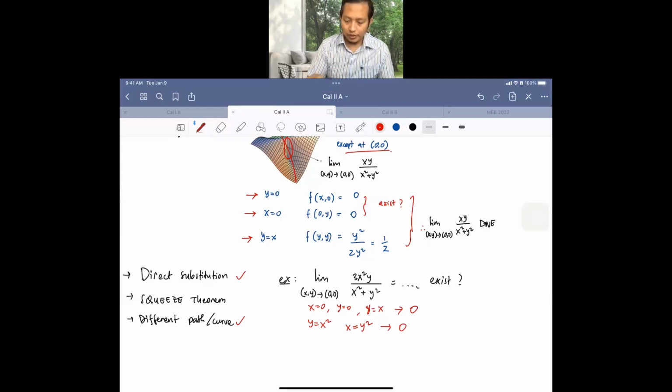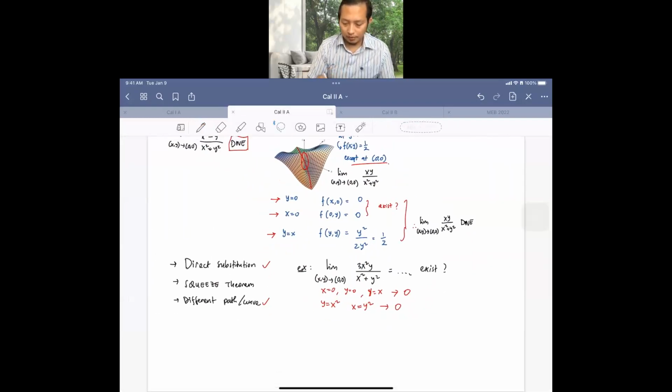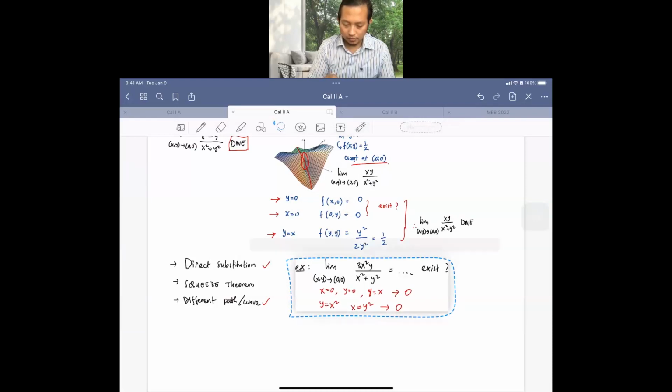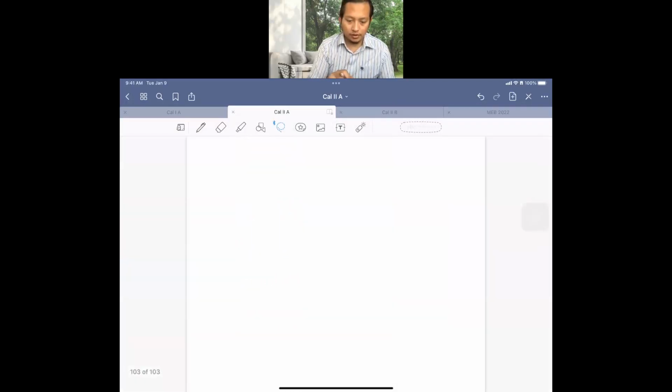Now, if we use the precise definitions, let me copy this, put it here.